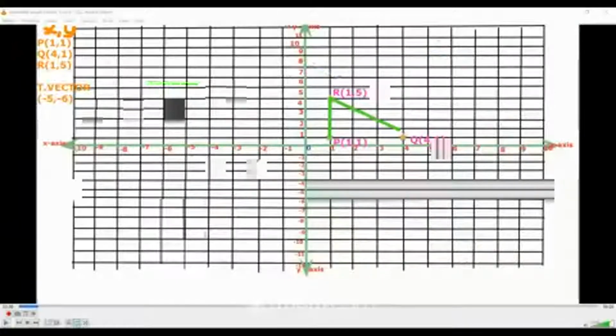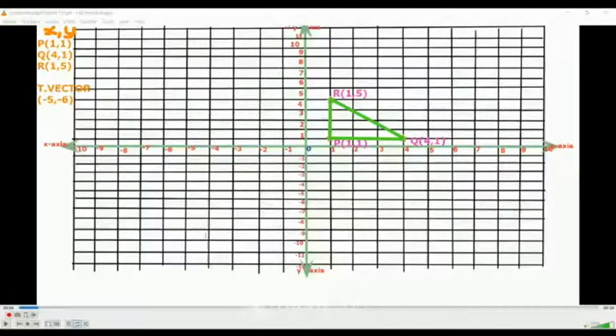Good. So once you have done joining the points to form the shape, now you are going to move each point.